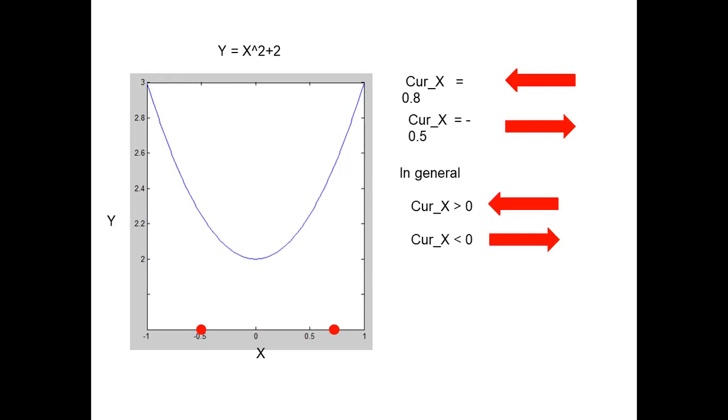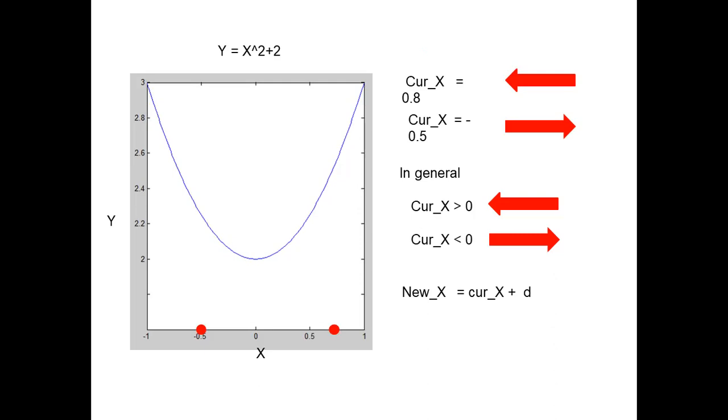So in general, if the current point is positive, we should move to the left. That means the desired direction is to the left of that point. If the current point is to the left, if it's less than 0, then we should go to the right. So by adjusting our direction, we'd get as close as possible to the desired point. So the new point x would be the current point plus the new direction.